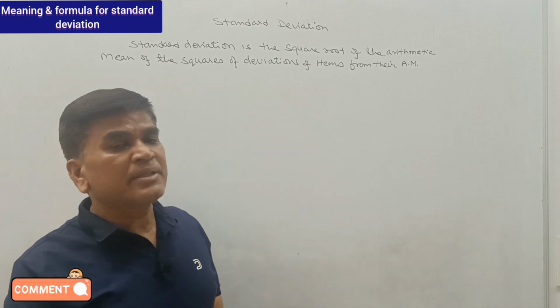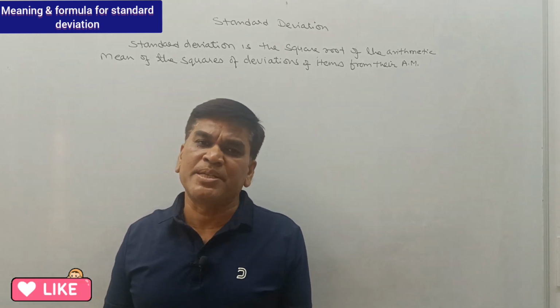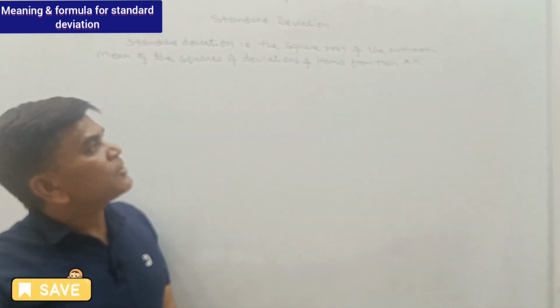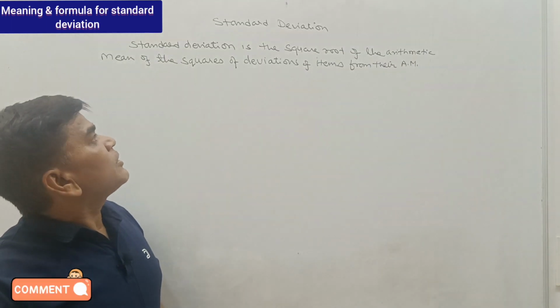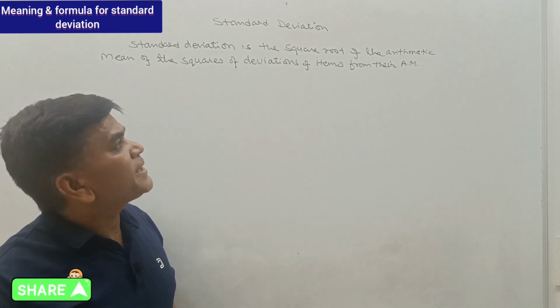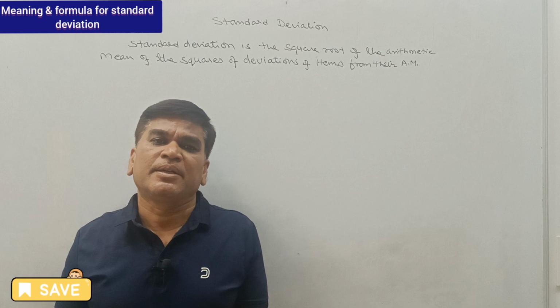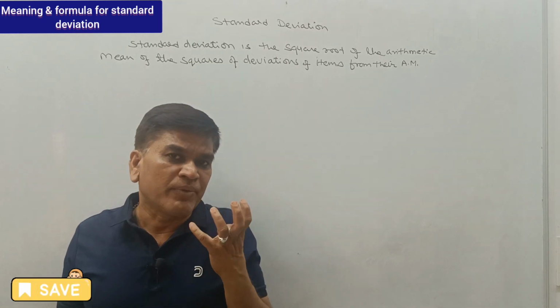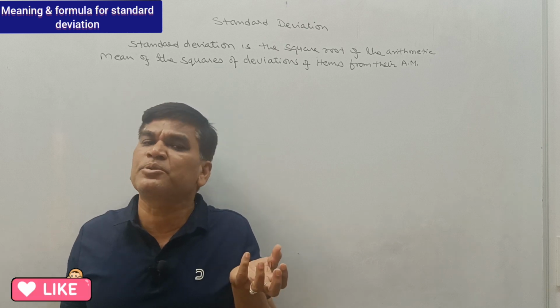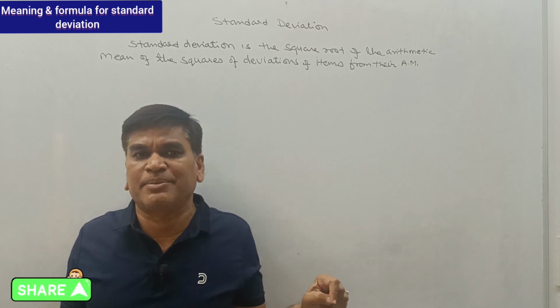The definition of the standard deviation I have mentioned on the blackboard. The standard deviation is the square root of the arithmetic mean of the squares of deviations of items from the arithmetic mean. It means whenever we calculate the standard deviation, first we have to take the deviation from the arithmetic mean.